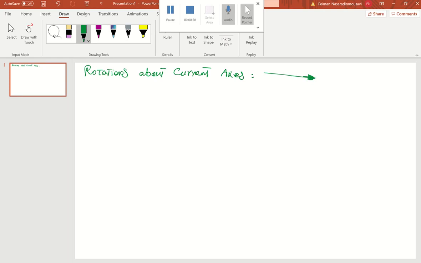But if you want rotations about fixed frames or axes, you're going to go backward.